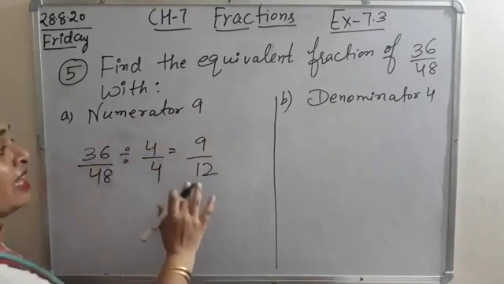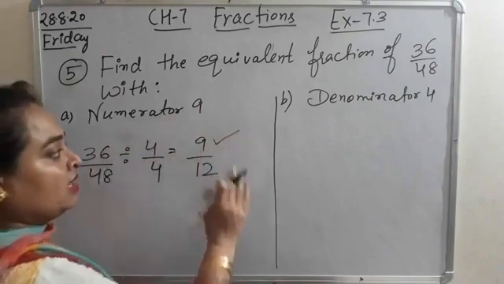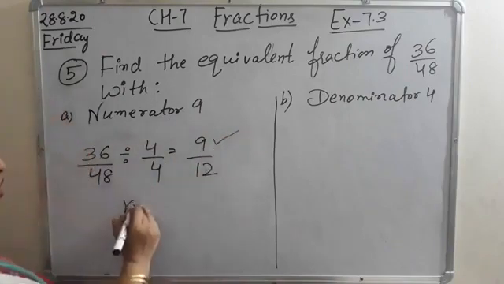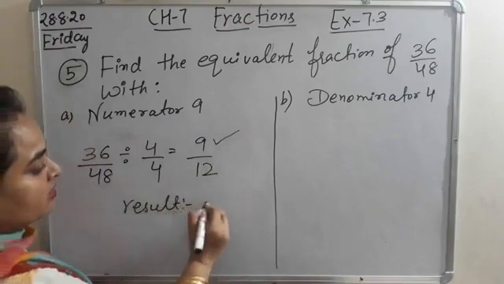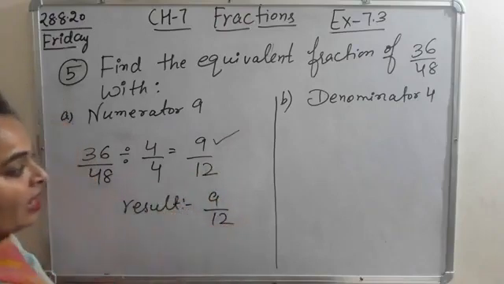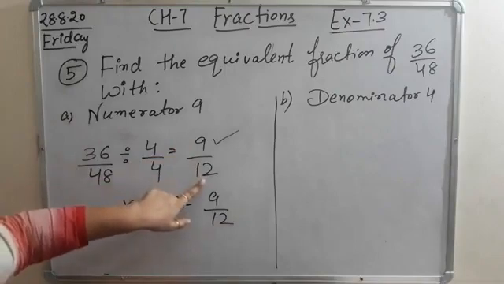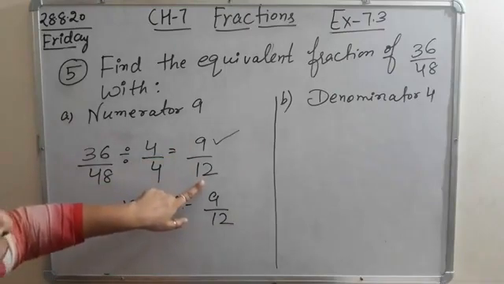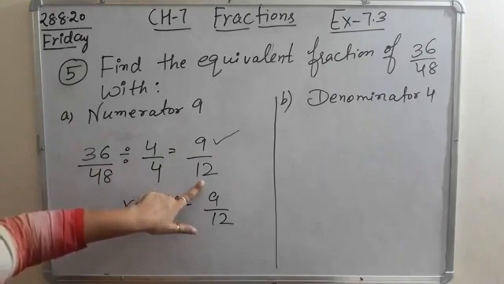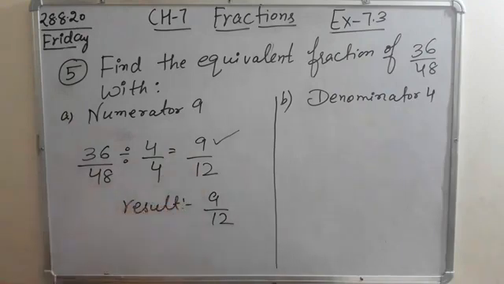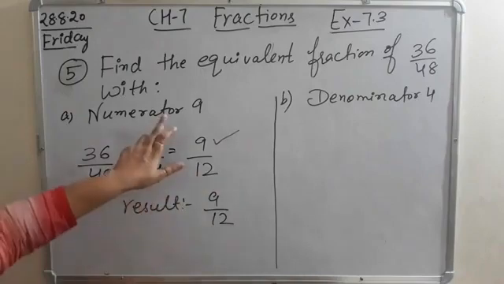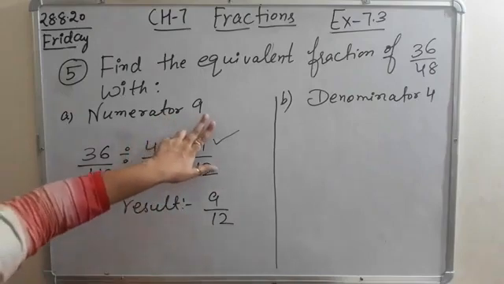So as we get numerator 9, stop here. So the result is 9 by 12. I am repeating, 9 by 12 can be cancelled further in the table of 3, but we will not do the cancellation because our question is to find the numerator 9.